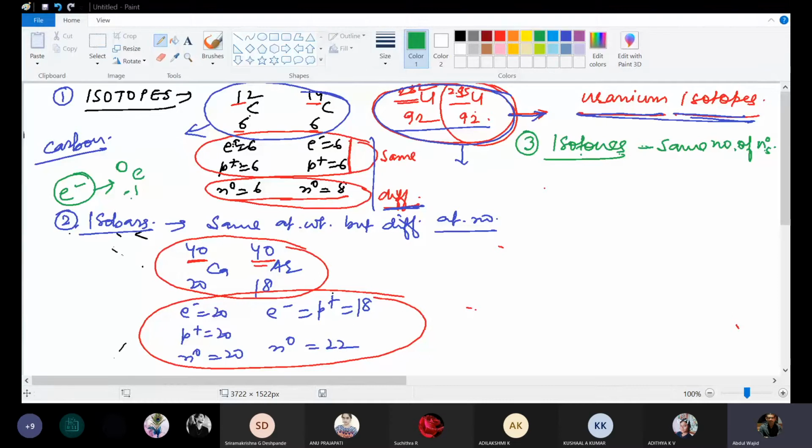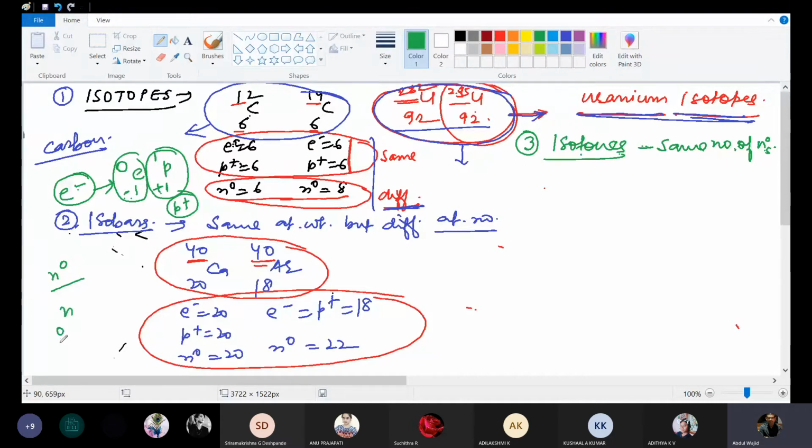How will you write proton? Proton you will mention like this: +1 charge and mass is 1. So this is proton and this is electron. Electron is written like this and proton is written like this, just opposite. Here it is subscript, here it is superscript. What about neutron? In nuclear chemistry, you will write neutron like this.